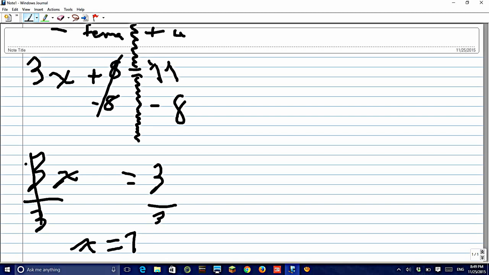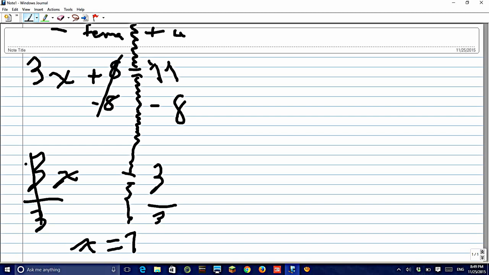Remember, we're going to have to migrate terms from one side of the equation to the other side. So in order to get rid of this 3, you're going to divide it by 3. And again, whatever you do to this side of the equal sign, you're going to do to that other side of the equation. So we divided by 3, and right there we divided by 3 as well.